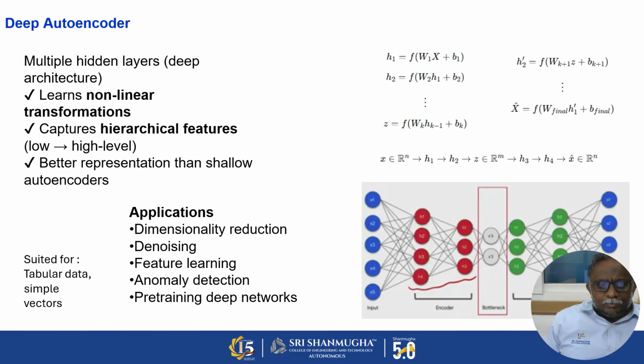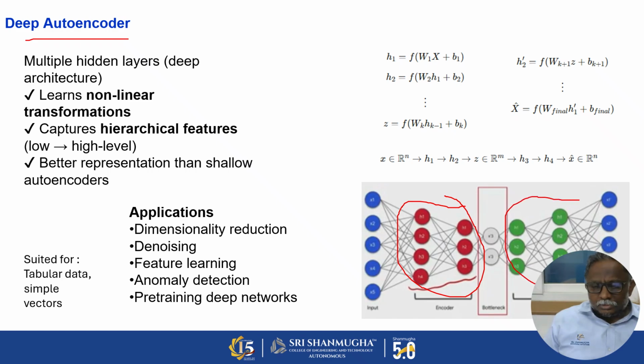Next one is a deep autoencoder. The difference between shallow autoencoder and deep autoencoder is that here you have multiple hidden layers. This is the encoder part, and this is the decoder part.